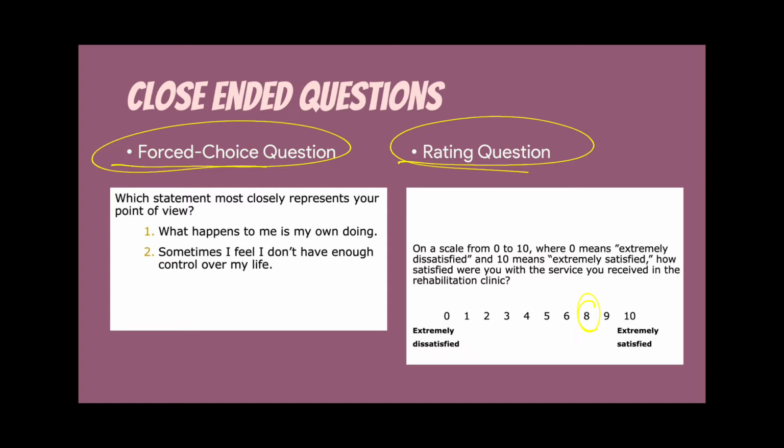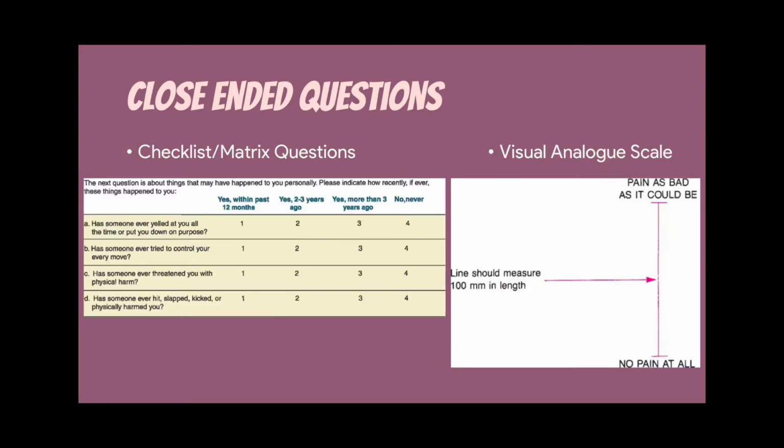We can also have checklist or matrix questions, which usually will be your strategy for your own surveys, because usually a domain of your variable is answered by multiple questions, and each of those questions will have their own rating scales, and then respondents identify themselves based on their understanding of the item that you have placed. And then we also have the visual analog scale.